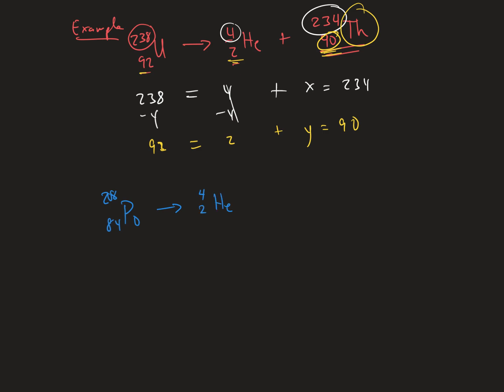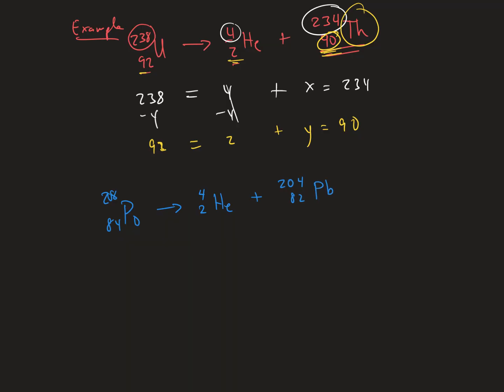It's not always going to be that, but if it tells us it's alpha, it's going to be alpha, right? Or 82 lead, which is Pb. So what's our new mass? Our mass is the top number, 204. And what's my atomic number? 82, and that tells us it's lead.